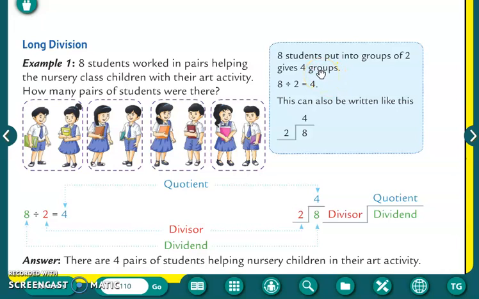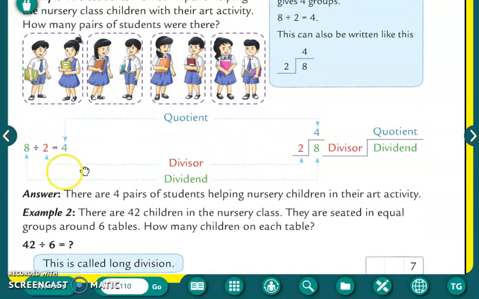8 स्टूडेंट्स है और वो पेयर में काम कर रहे हैं, मतलब एक ग्रुप में दो दो जन है, तो 8 डिवाइडेड बाय 2 इज इक्वल्स टू 4. तो ये जो डिवीजन है ये लॉन्ग डिवीजन में हमें उसको ऐसे भी लिखना होता है: 8 divided by 2, and the answer will be 4. Okay.